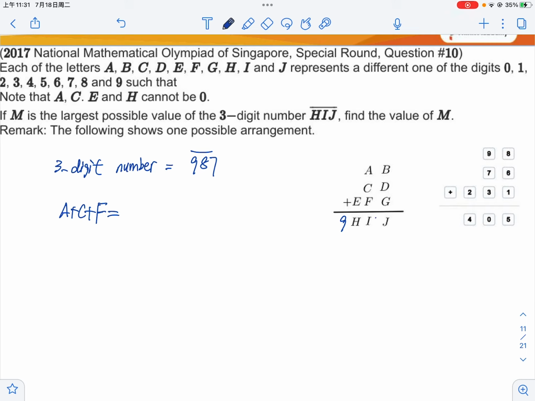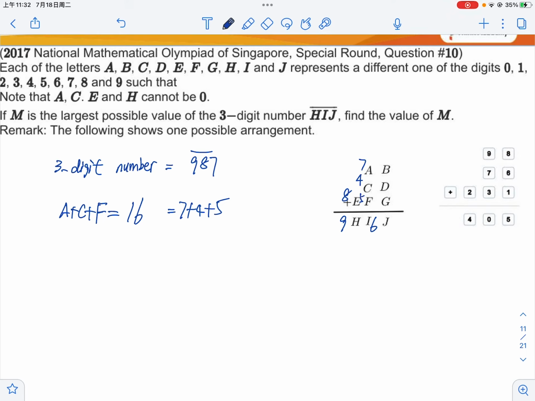So let's try 6. Which means A plus C plus F should be 16. So E can only be 8. So can A plus C plus F be 16? Yeah, possible, right? So it can be 7 plus 4 plus 5, right? 7, 4, 5.